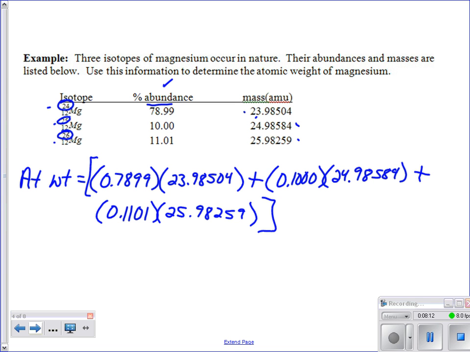Now before you ever even plug anything into your calculator, look. It's easier to think about these numbers, the 24, 25, 26, and thinking about your percent abundance. Tell me roughly, you would expect the number to be somewhere close to what? Close to 24.